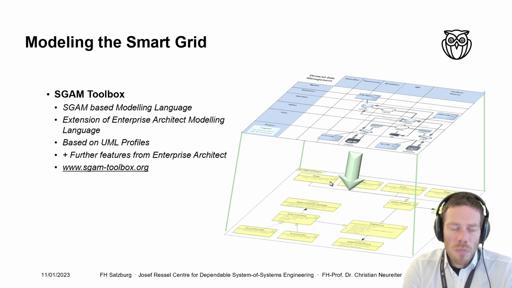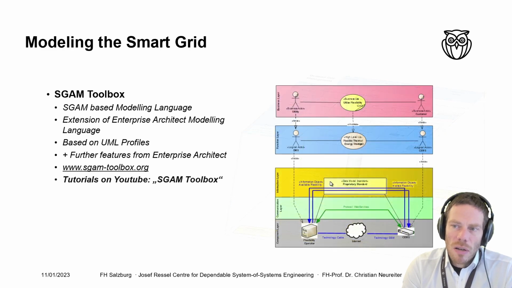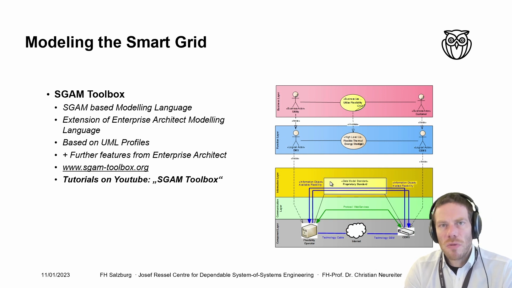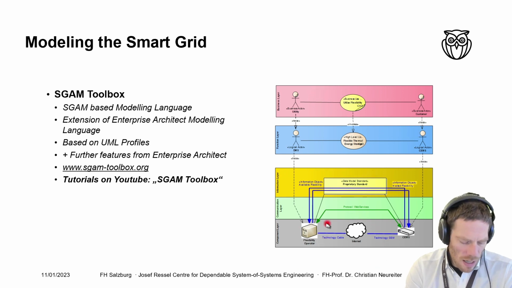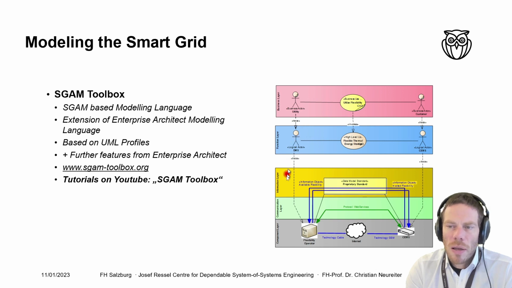And the biggest benefit of all here is that if you think now about your SGAM cube, if you imagine to take a look at it from the front, where you see the business layer and the function layer and the three lower technical layers, then you also can maintain, due to the object-oriented nature, traceability from business actors on the business layer to logical actors on the logical layer and to components on the component layer.